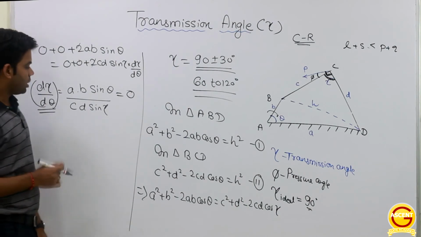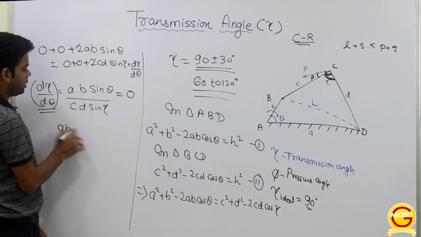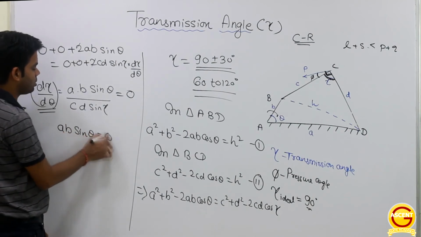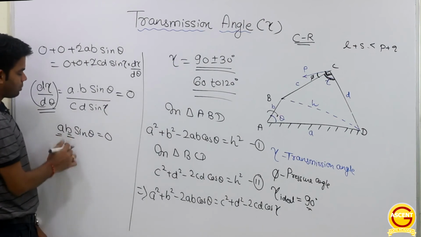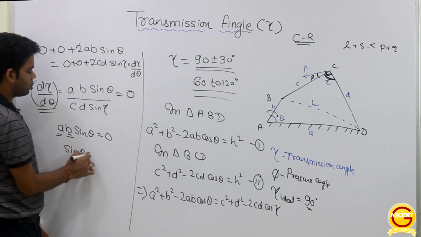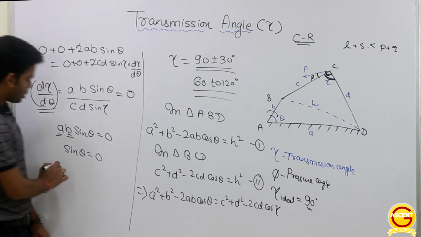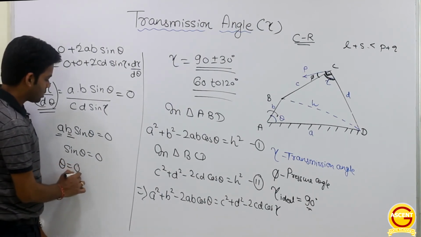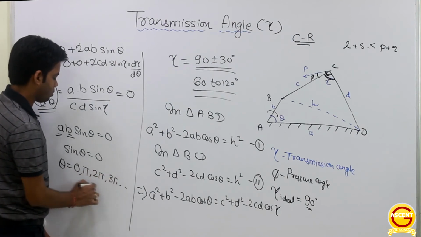Getting this or not? Okay. Now for this particular condition, obviously this A into B sin theta should be equal to 0. Now this A and B are the link lengths, so this cannot be equal to 0. So this sin theta should be equal to 0. Getting this? And if sin theta is equal to 0, then obviously this theta should be equal to 0, then pi, then 2 pi, then 3 pi, and so on.